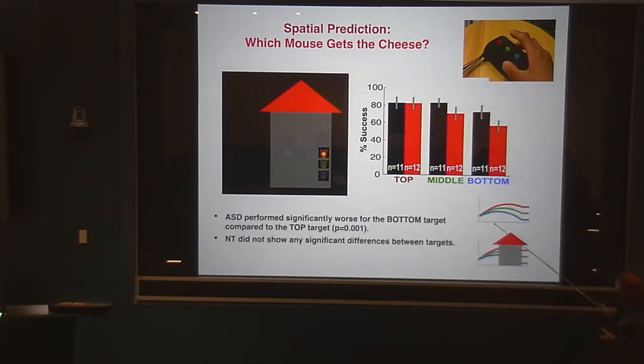Because if you look at the trajectory of the yellow ball or cheese here, and then how it shows up before and behind the house, you can see the discrepancy of the blue trajectory just following ballistic flight is largest, meaning this is the most challenging mouse to predict, and this is where the difference between neurotypical and autistic children starts to show up.